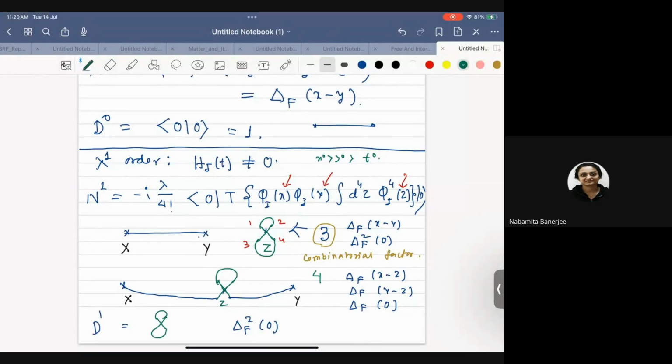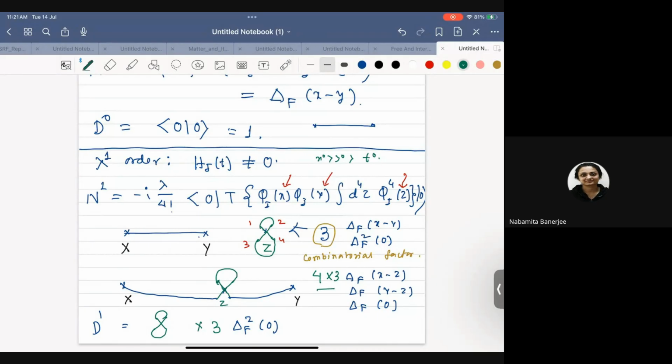Once that is done, only 3 legs are left. Then y can join to any of the 3 legs. And once that is done, you have nothing else to do. Only 2 legs are remaining and they just have to join. So this is the combinatorial factor for the second diagram. This one is definitely again 3. That's the result. So the result is not just drawing the Feynman diagram and writing the corresponding expression, but also understanding what the combinatorial factor would be and then taking that into account.